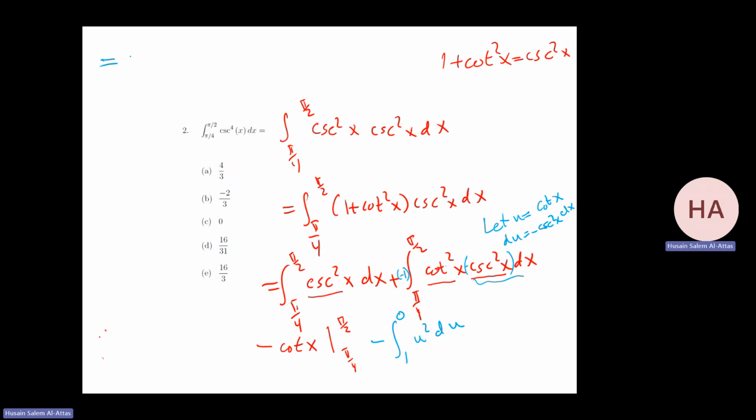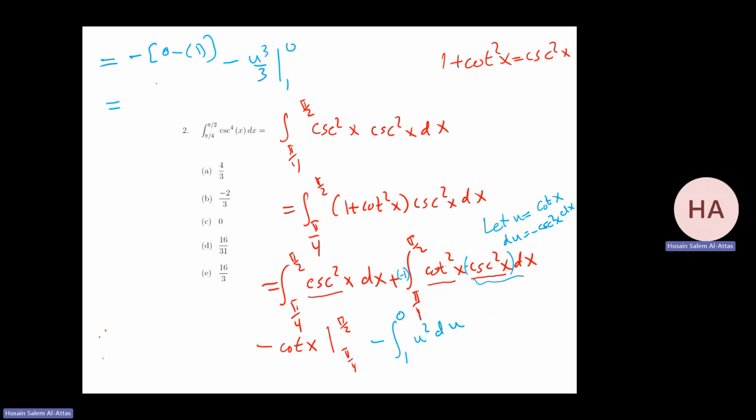Minus cotangent pi over 4 minus cotangent pi over 2. We said cotangent pi over 2 is 0 and cotangent pi over 4 is 1. This is the first one. Minus, this is u cubed over 3 from 1 to 0.